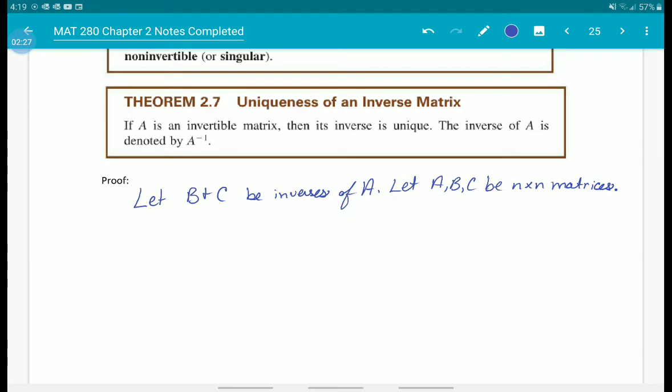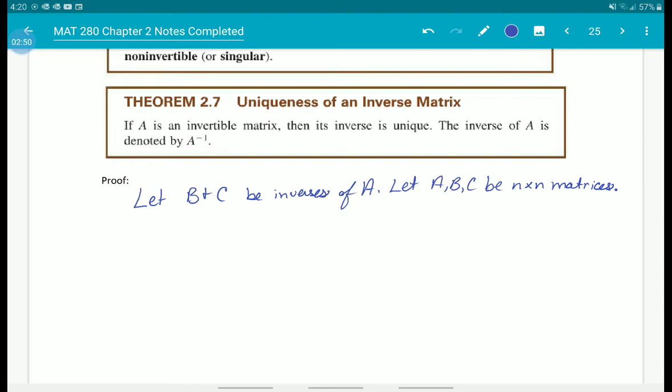So our approach to this proof is to say, suppose it's not unique. Suppose there are two inverses. Then what we're going to show is that those two actually have to be equal to each other, which means that it is unique. So we're going to say, let's let B and C both be inverses of A.